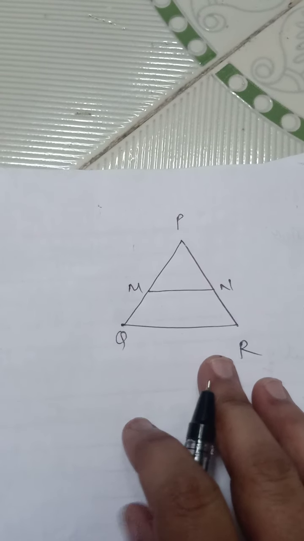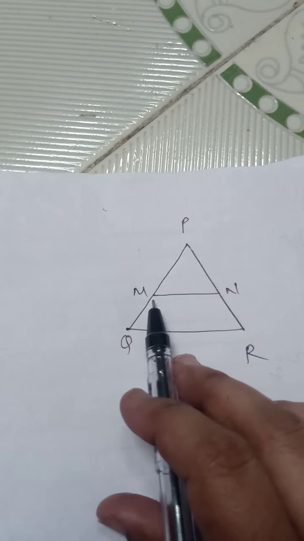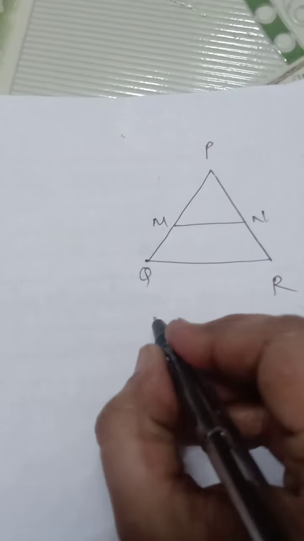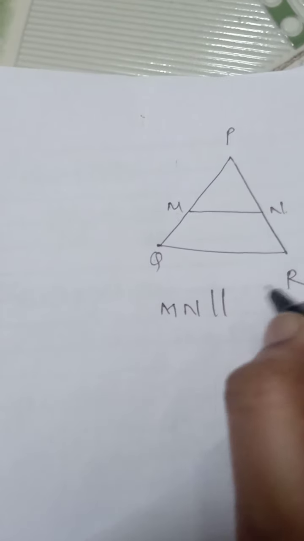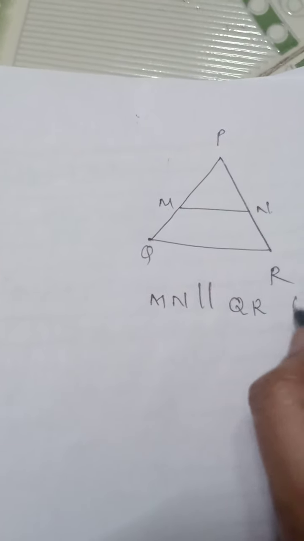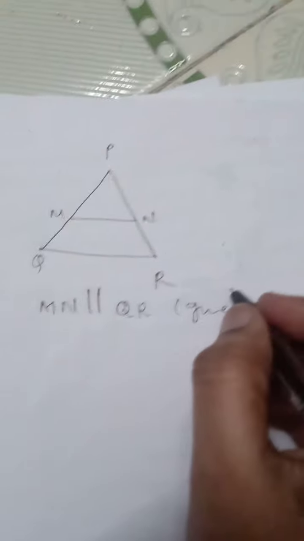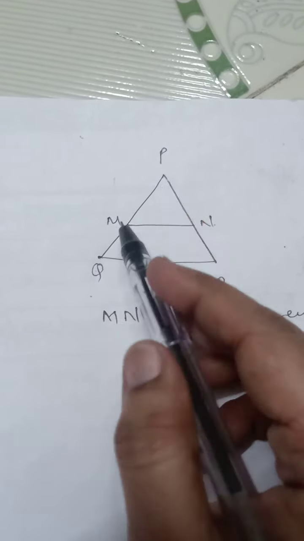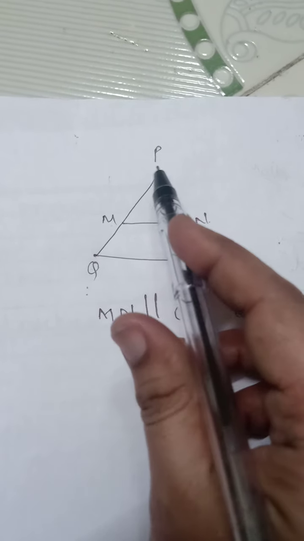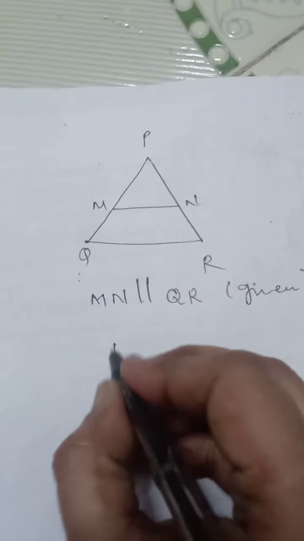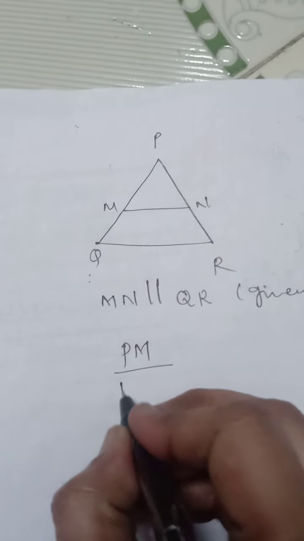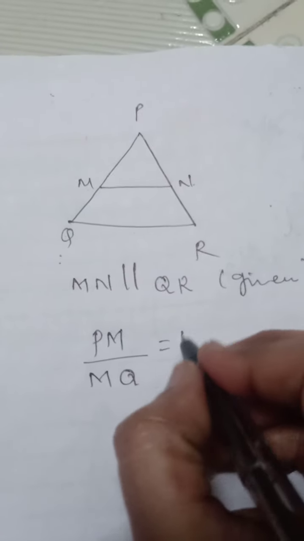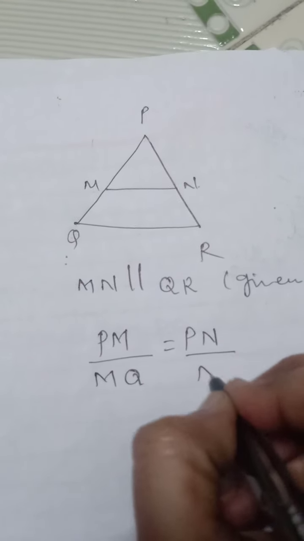So, what we have understood about this basic proportionality theorem is, if it is given that MN is parallel to QR, then the ratio on this side, that is PM upon MQ, will be equal to PN upon NR. So PM upon MQ will be equal to PN upon NR.